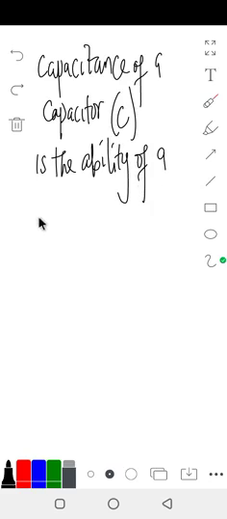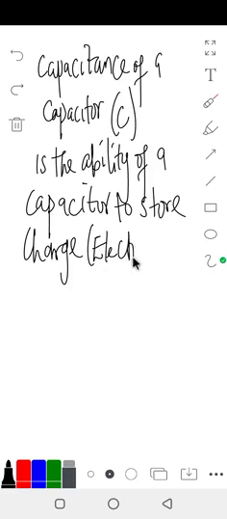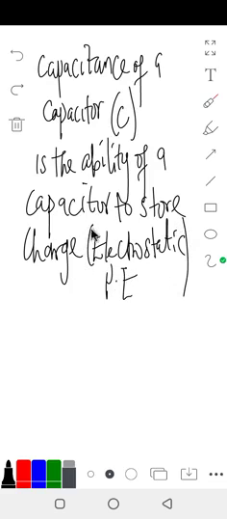Capacitance of a capacitor is the ability of a capacitor to store charges in form of electrostatic potential energy.